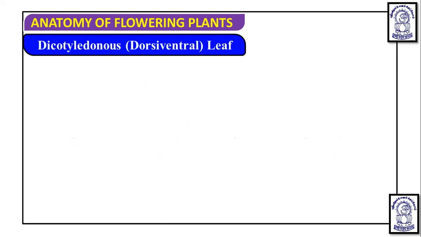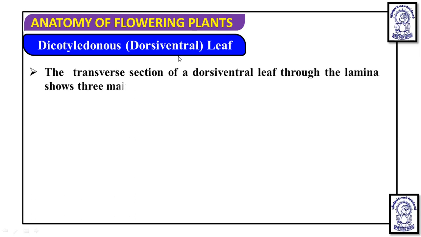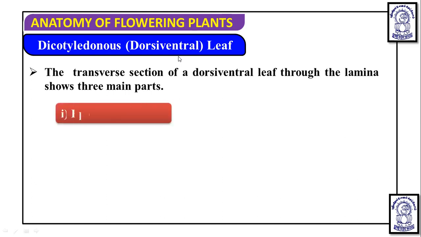When we see the dicot leaf, which is also known as a dorsiventral leaf, and when we take a transverse section of this dorsiventral or dicot leaf through the lamina, three main parts are seen.